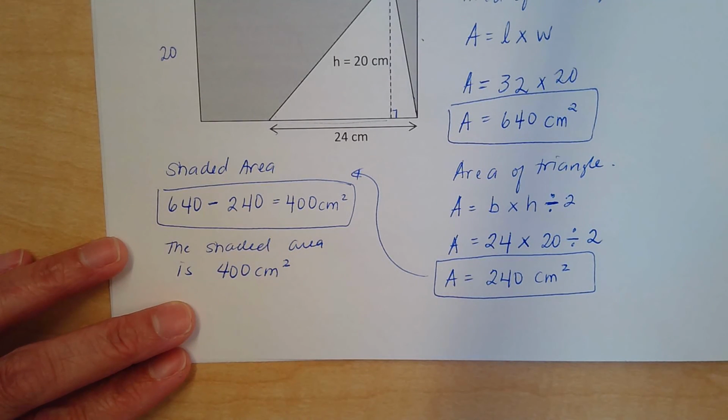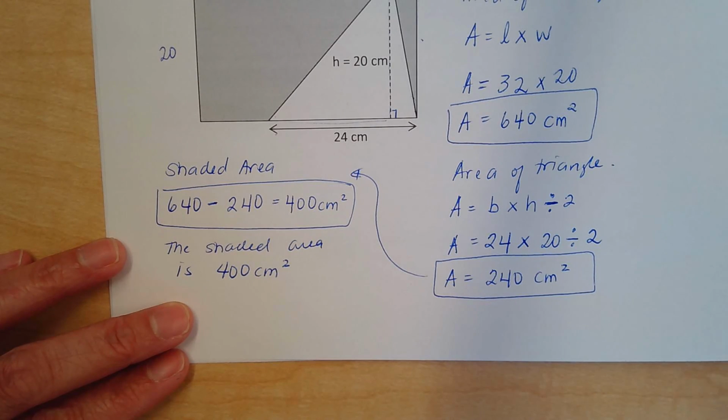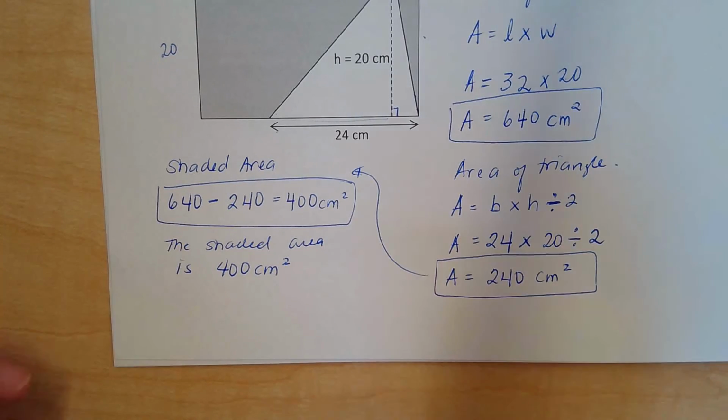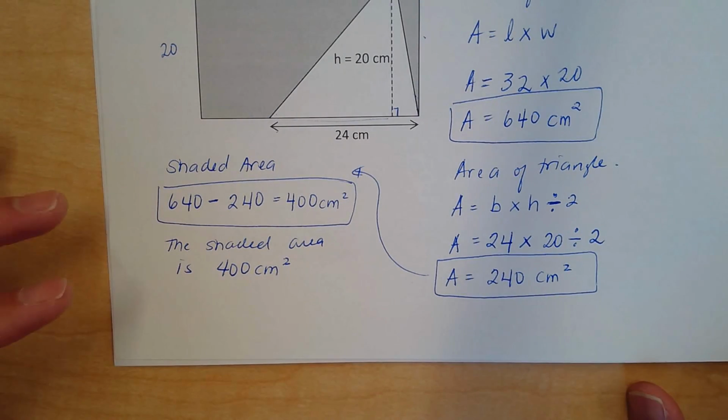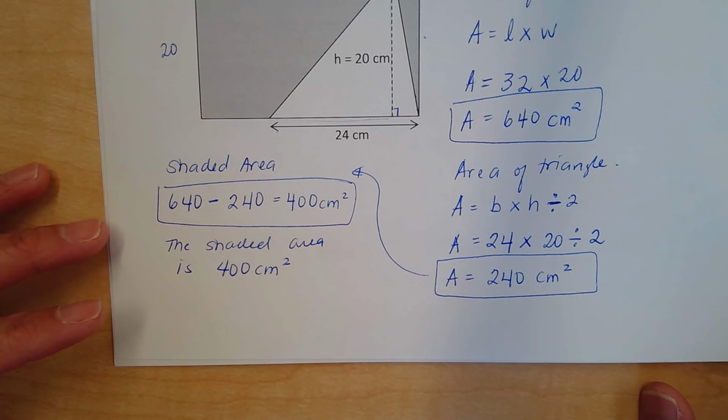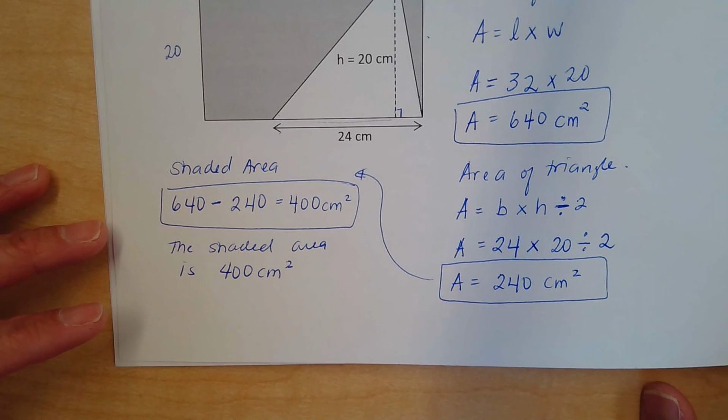Okay, so we finished all of this area stuff. We started talking about the area of basic shapes: triangle, square, rectangle, and circle. And then we moved on to more complex areas. So we have some strategies.